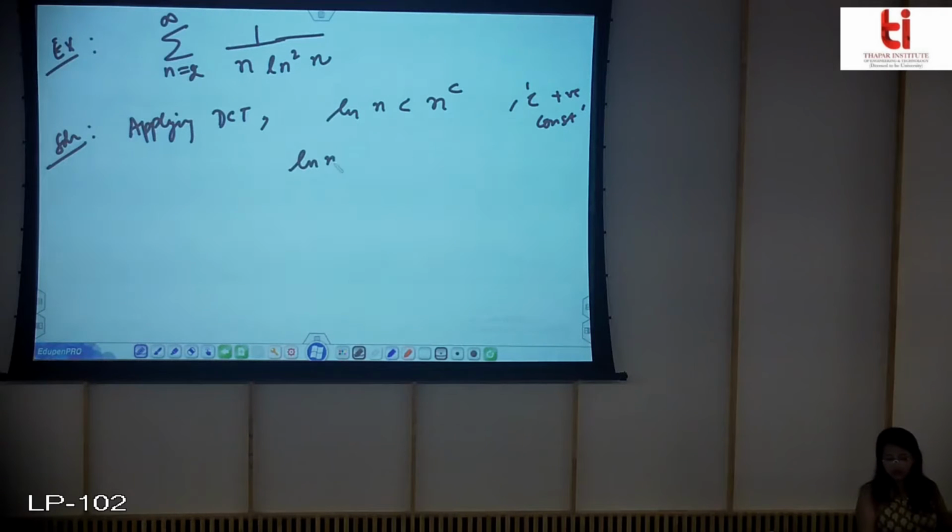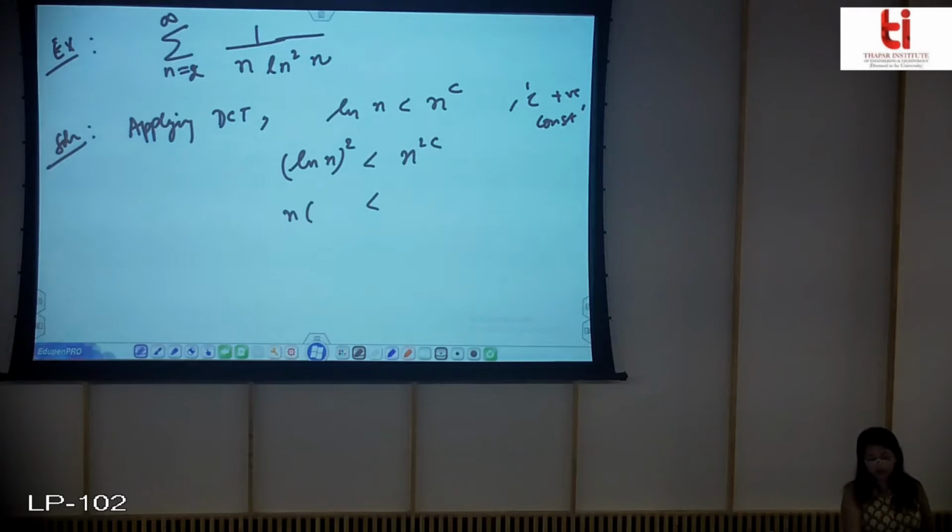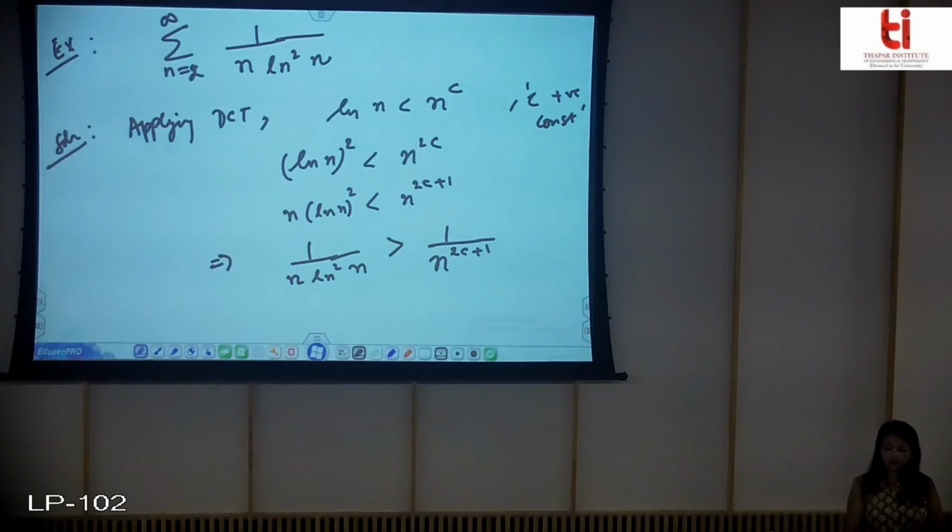So ln n square is less than this, and if I multiply with n, I'll get this. Now this implies that 1 by this is greater than this. You know that when it is greater than, the inequality is reversed.